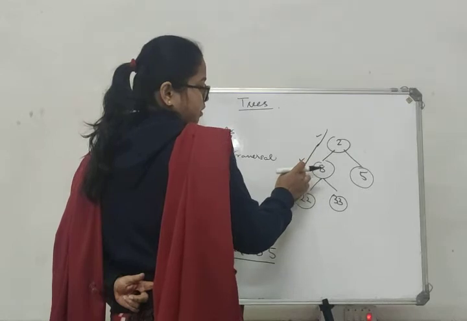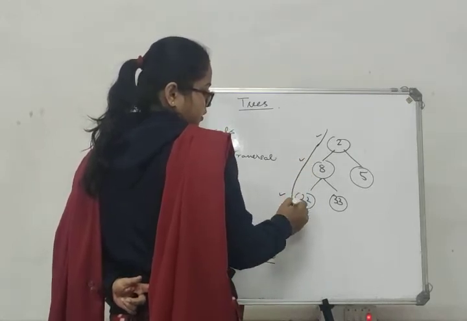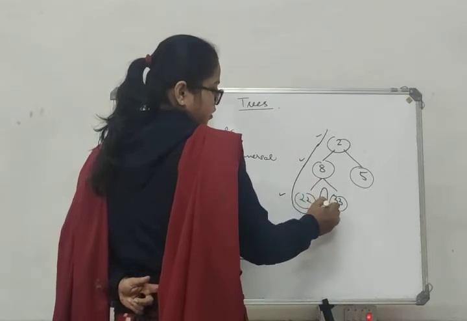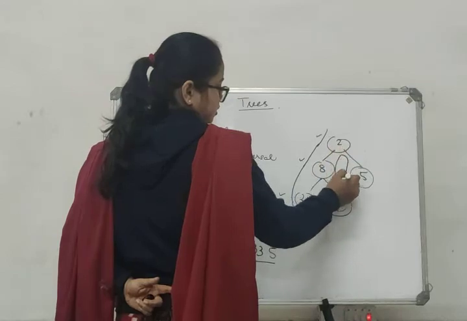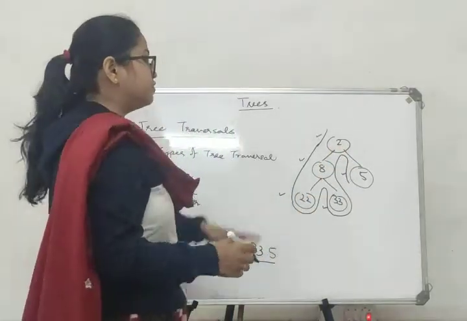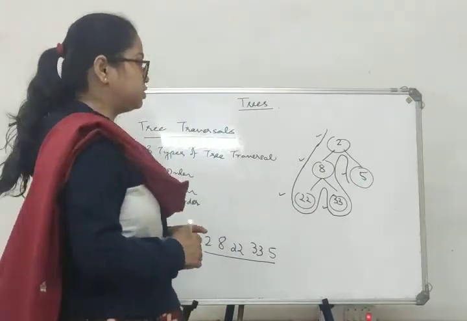First we are coming across this, printed. First we are coming across this, printed. Then next we are coming across this, printed. Next we are coming across this, printed. So whenever we visit the node for the first time, we simply print it. Okay? This is the shortcut.